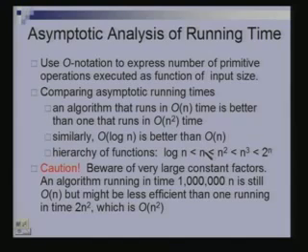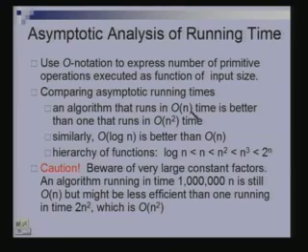Okay, so how are we going to use the big O notation? We are going to express the number of primitive operations that are executed during a run of the program as a function of the input size, and we are going to use the big O notation for that.